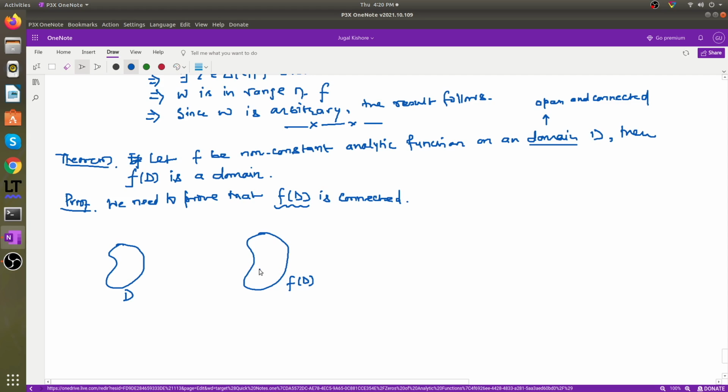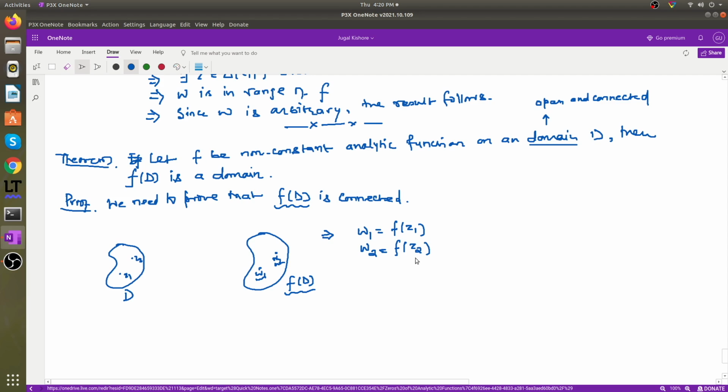If we take any two points, W1 and W2 in f(D), these points are the images of some points Z1 and Z2 in D. So W1 is just f(Z1) and W2 is just f(Z2).